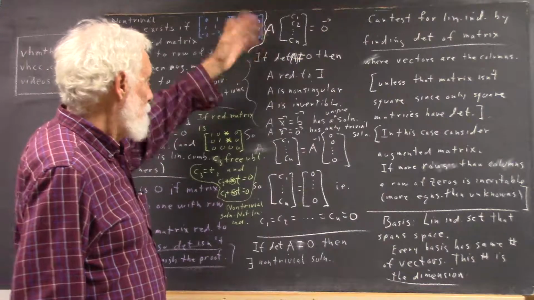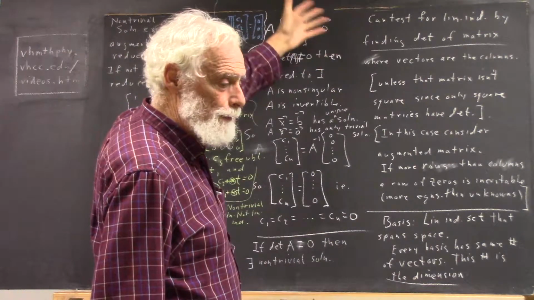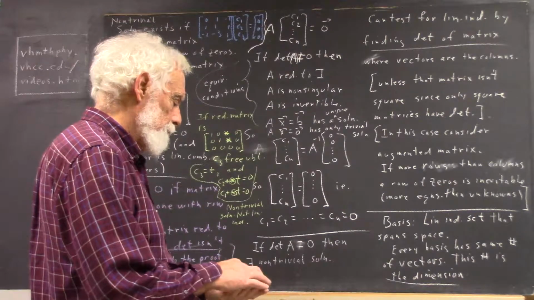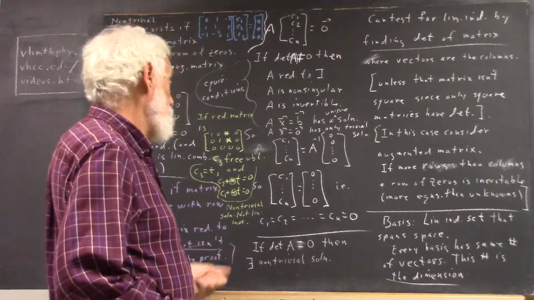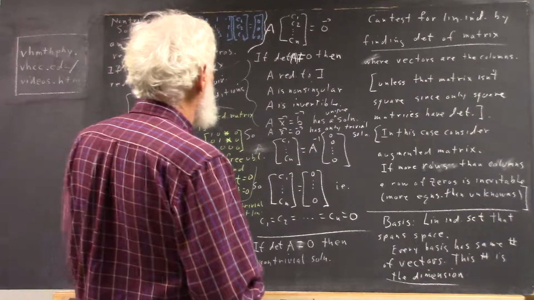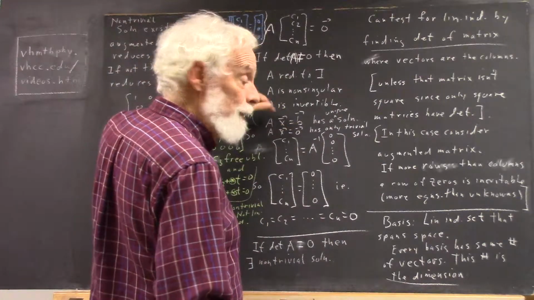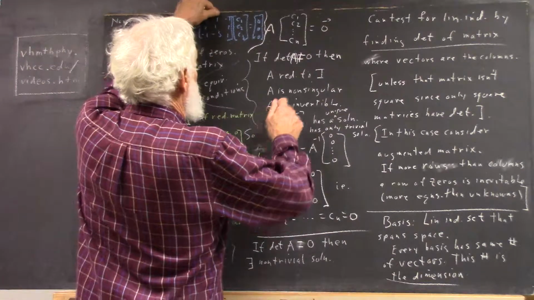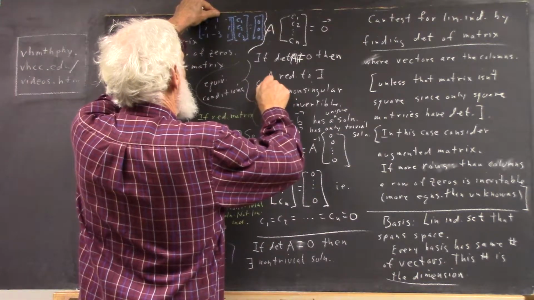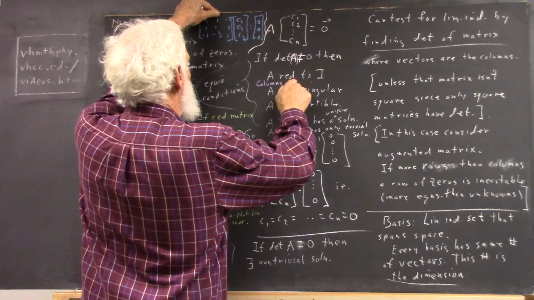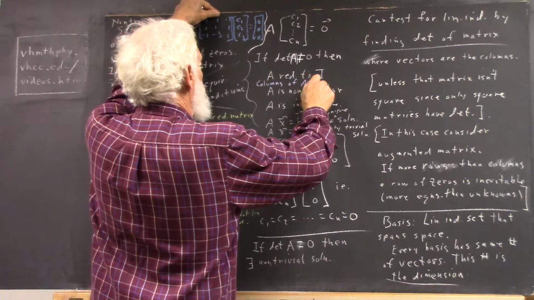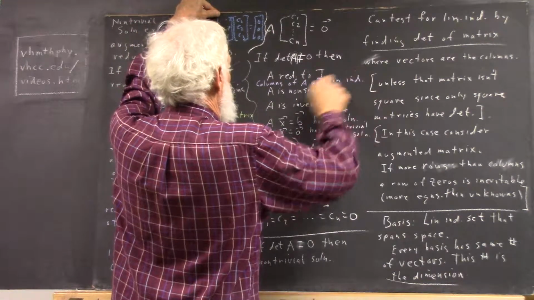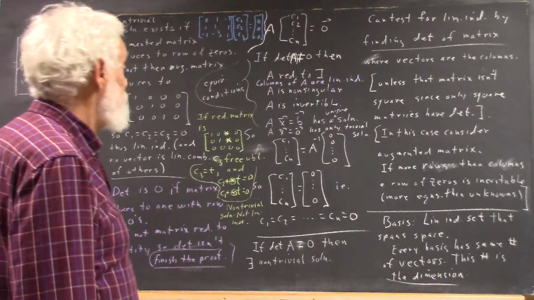Here's the basic equation. I could write among these conditions the thing that we're trying to prove, which is that the columns of A are linearly independent.